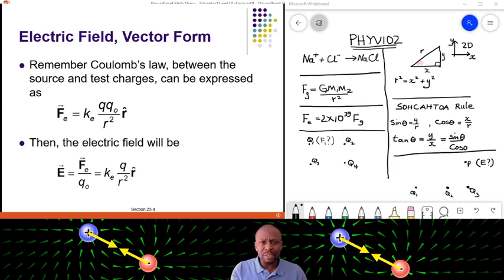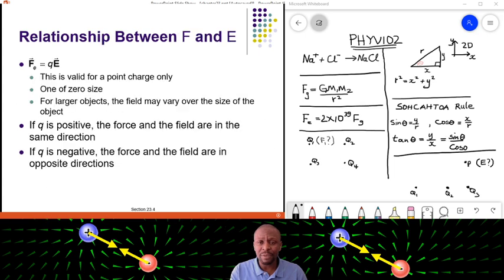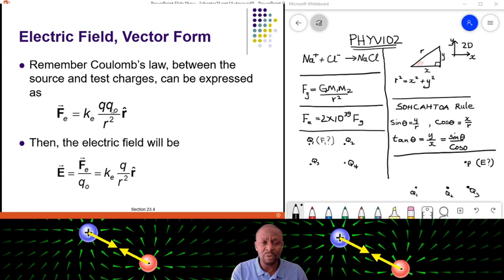Now, Coulomb's law is given by this equation here, where you have the source charge and then you have the test charge. If we apply the fact that the electric field is given by this, you will end up with the electric field being the constant times the source charge divided by r squared. That is the electric field of the source charge.